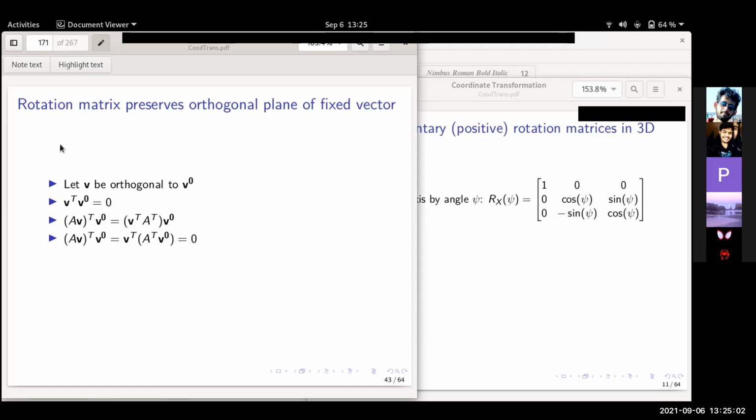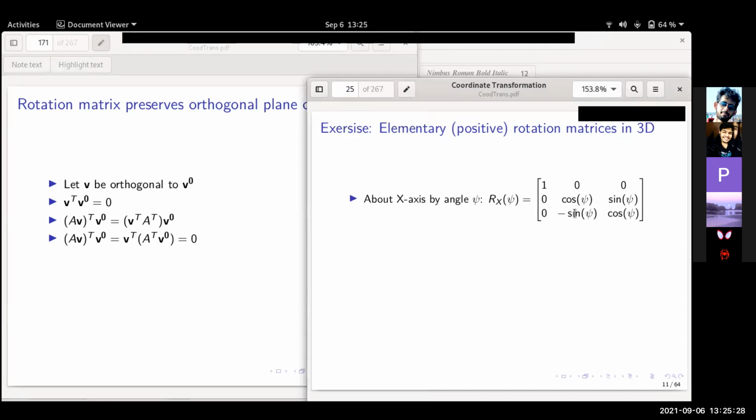By the previous expression, we have shown that even V0 is fixed with respect to A transpose. Therefore, (AV) transpose V0 is 0. That means the vector AV is orthogonal to V0. If the vector V is orthogonal to V0, then the vector AV is also orthogonal to V0. That's what is shown here, which is what we also expected.